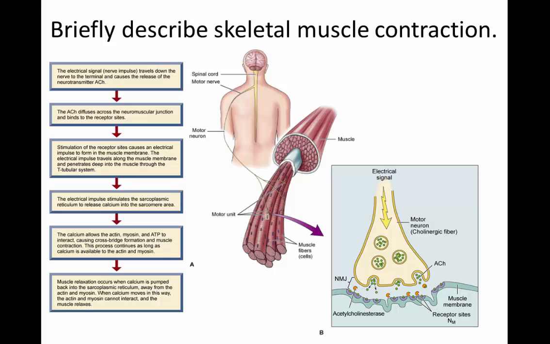And so it breaks down the acetylcholine and releases it from the receptor sites. Therefore, the signal does not continue from the neuron down to the muscle because the acetylcholine is released as it's broken down from the receptor sites.